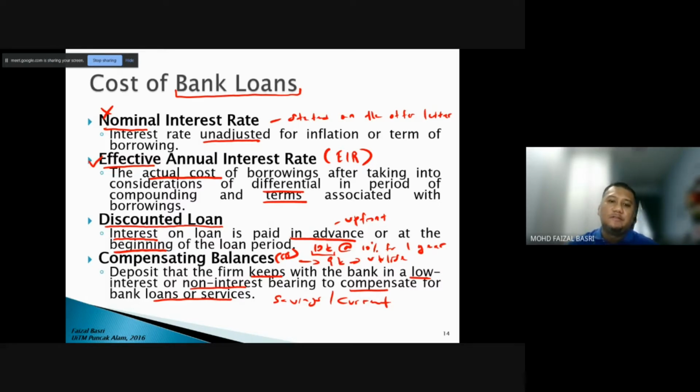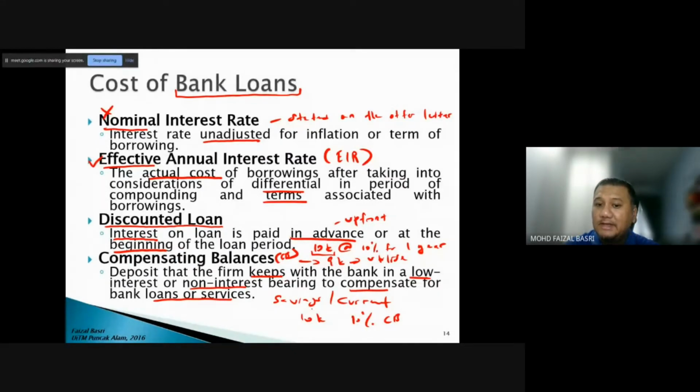For the whole 1 year, you need to keep 10% of your borrowings in the account. Money you cannot withdraw. So again, example here, if you borrow 10K, and the bank says 10% compensating balance, 10% of 10K is again 1,000 ringgit. So that 1,000 ringgit needs to be kept in the bank account for 1 year as well.